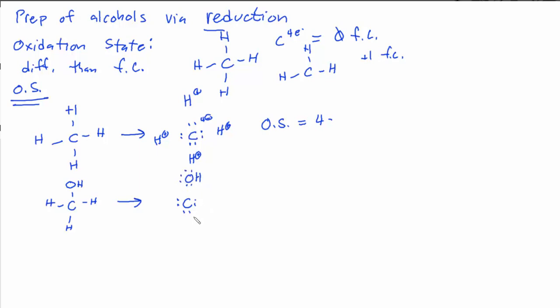So we see that we have 6 electrons around the carbon. Normally we want 4, so the oxidation state is 2 minus. So we've changed oxidation states by going from methane to methanol. All we've done is add 1 oxygen, and you can see that that has resulted in an oxidation state increase of 2 units. That's pretty typical of when we add oxygens to an organic molecule.